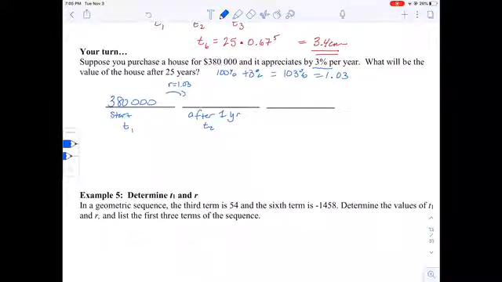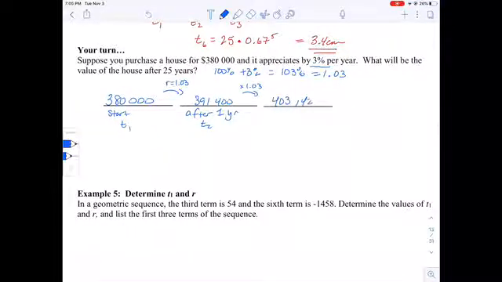That's our ratio. And if we multiply 380,000 times 1.03, we get 391,400. If we multiply that by 1.03, we get 403,142. And that's after 2 years, which would be term 3. And so if I want after 25 years, therefore that's going to be term 26.